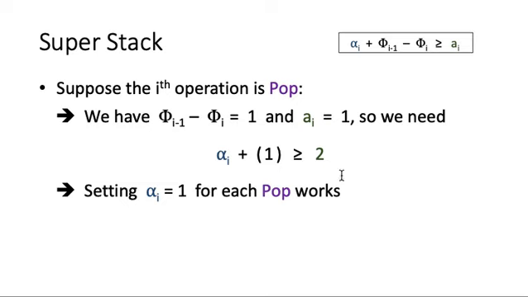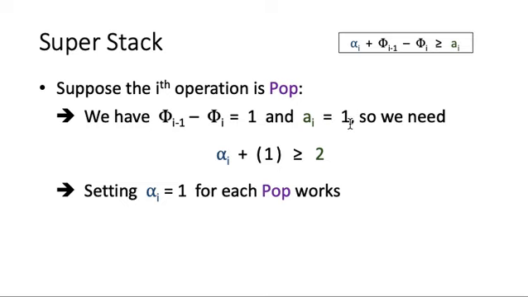Now for pop. In the case of pop, phi of i minus 1 minus phi of i is equal to 1. On the other hand, for the actual cost, it is equal to 1 or 2, depending on whether we have an empty stack or not. So let's make it 2 here instead.